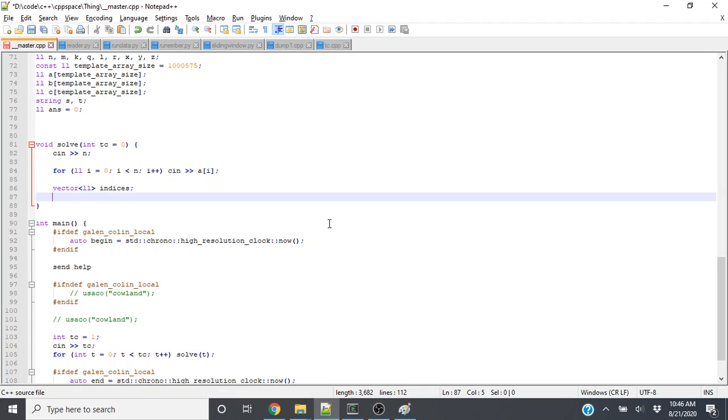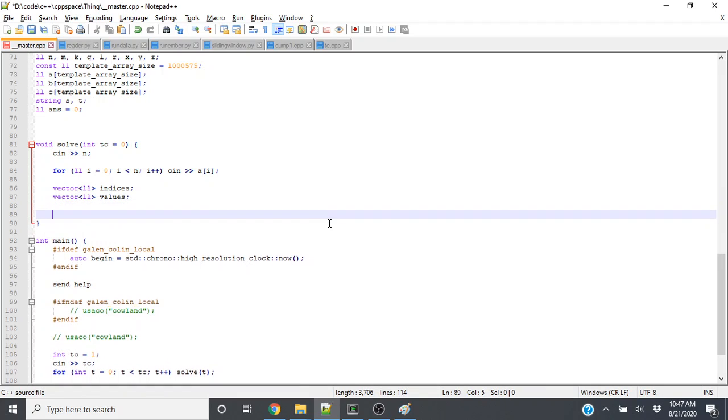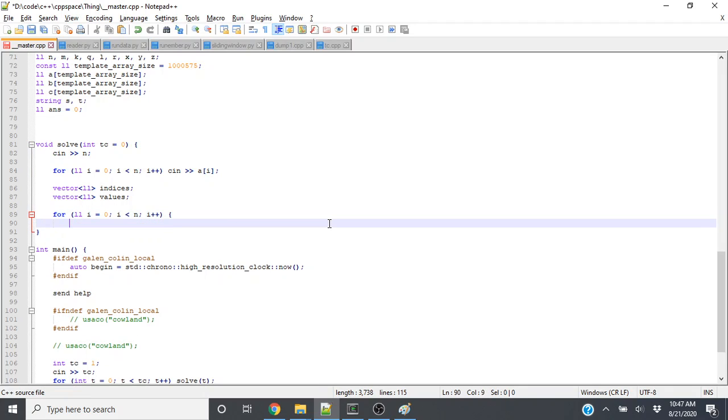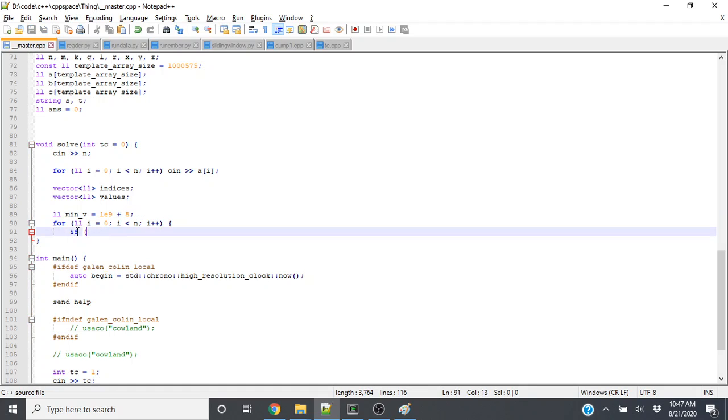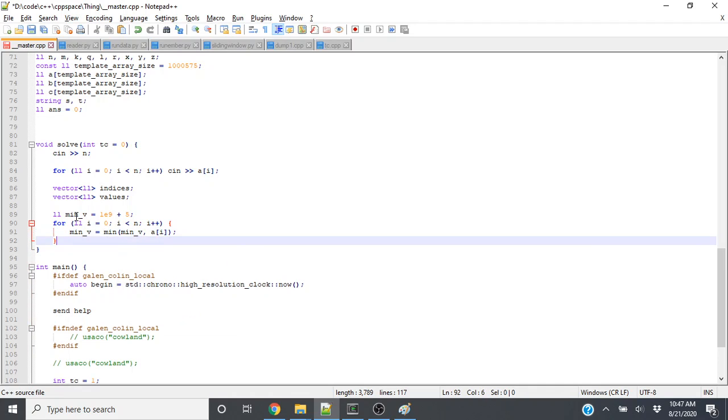keep track of the indices and the values themselves. So now, min v equals min v, a_i.